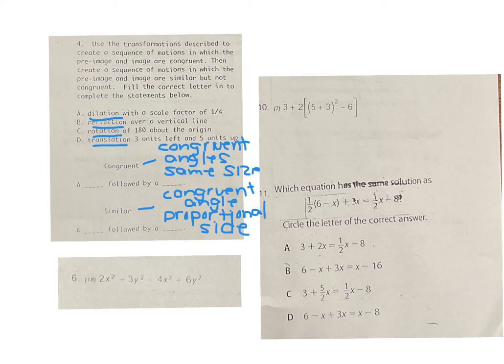Moving on to number 6, as we go to simplify this, we are combining like terms. Notice that everything here is adding and subtracting. When we add and subtract, exponents do not change. So a 2x squared can be combined with a negative 4x squared. A positive 2 and a negative 4 would be negative 2x, and it remains squared.